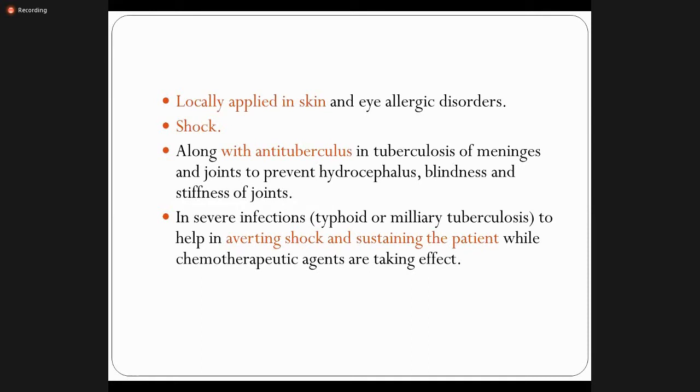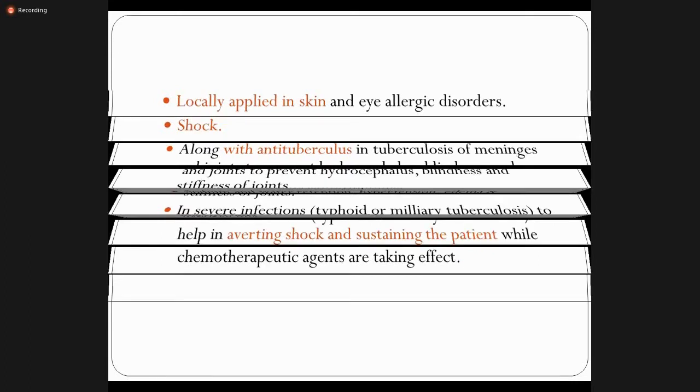In shock, along with anti-tuberculosis drugs in meninges and joints to prevent hydrocephalus, blindness, and stiffness of joints as an adjuvant drug, right? In severe infection like typhoid or miliary tuberculosis to help in averting shock and sustaining the patient, while chemotherapeutic agents take time to produce their activity.